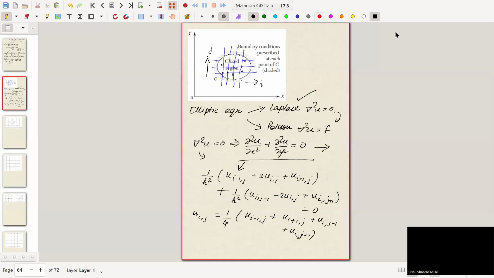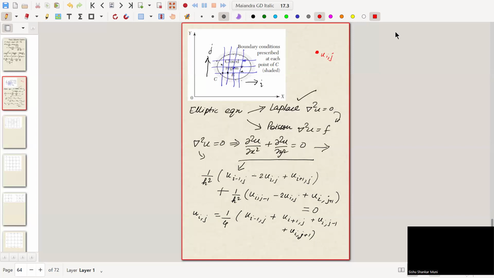This kind of formulation, evaluating one quantity depending on the remaining points, in history has been known as red-black grids. So, say this again. This is your Ui comma j.